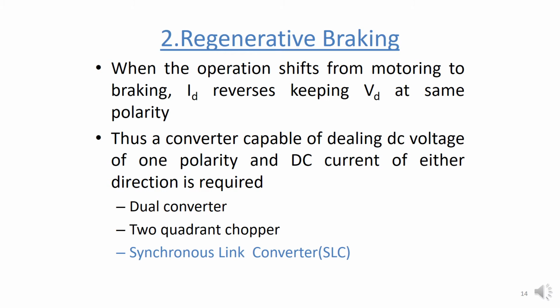Thus, a converter capable of dealing with a DC voltage of one polarity and DC current of either direction is required. Normally, we can use the following three converters for this purpose: a dual converter, a two current chopper, and a synchronous link converter, SLC. Generally, we are using the synchronous link converter.